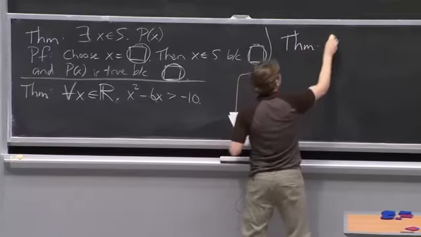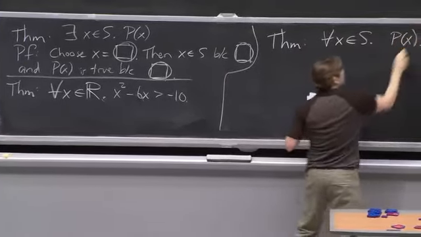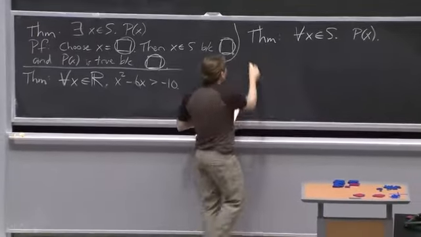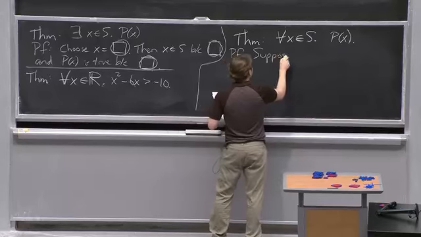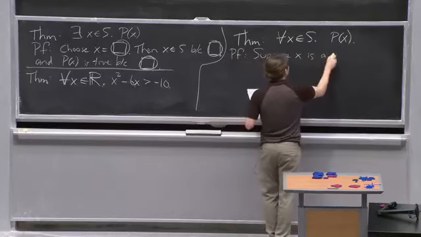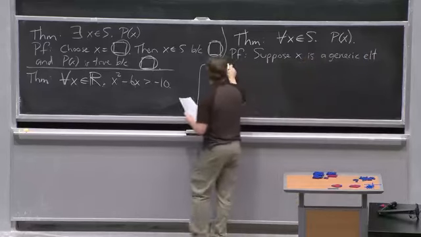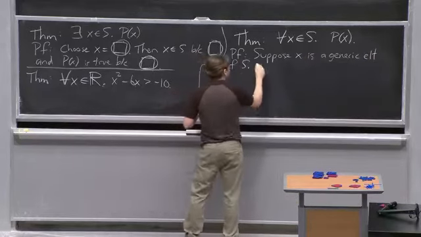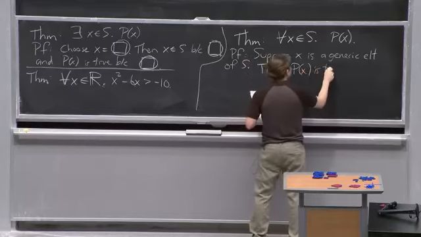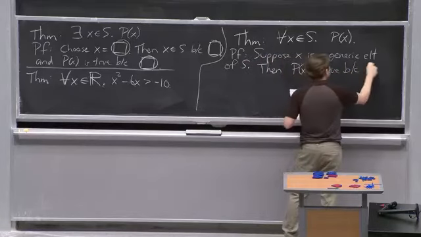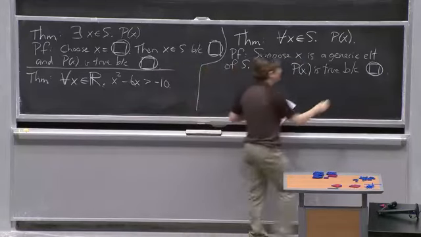So if our theorem is for all x in some set S, p of x is true, our proof usually looks like this. Proof. Suppose x is a generic element of S. Then p of x is true because of reasons.